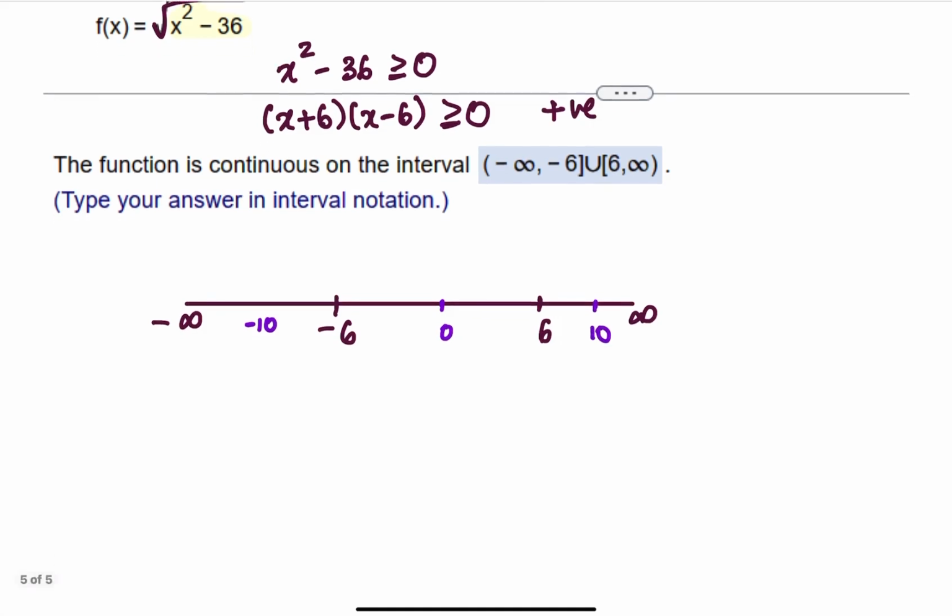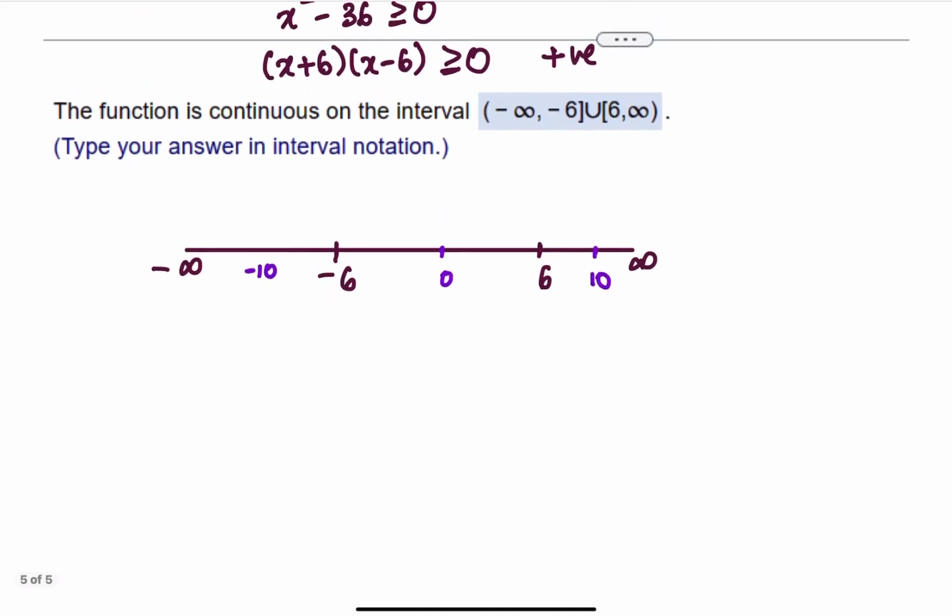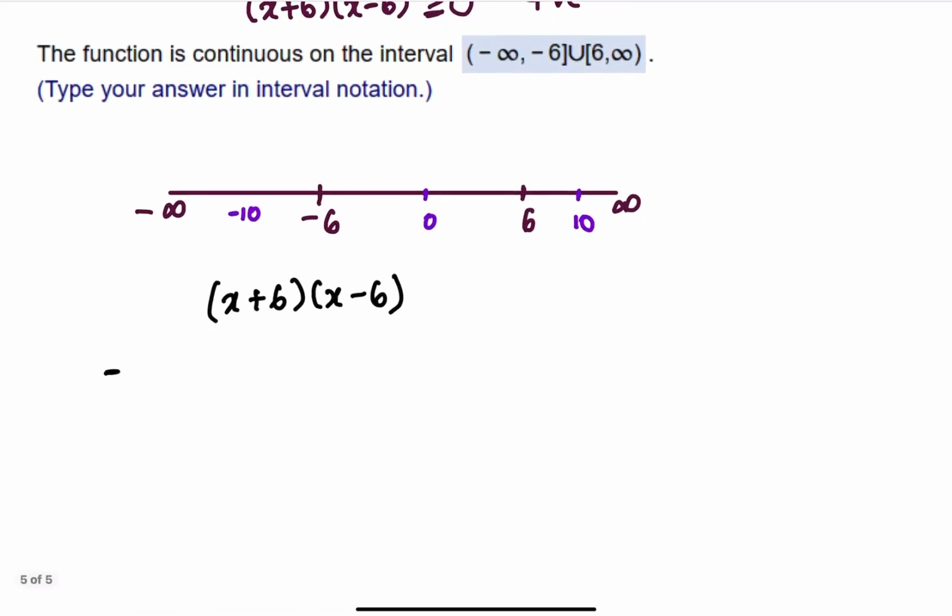Now we plug them into this equation, which is x plus 6 and x minus 6. So I'm going to plug negative 10: negative 10 plus 6, negative 10 minus 6. Negative 10 plus 6 is negative 4, negative 10 minus 6 is negative 16, so I get a positive 64. So this is positive. I don't care for the number actually, I'm only looking for the sign.